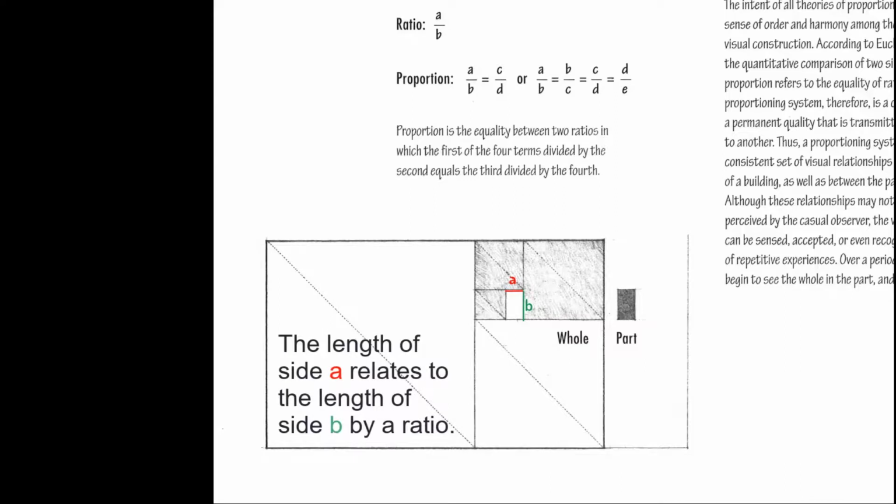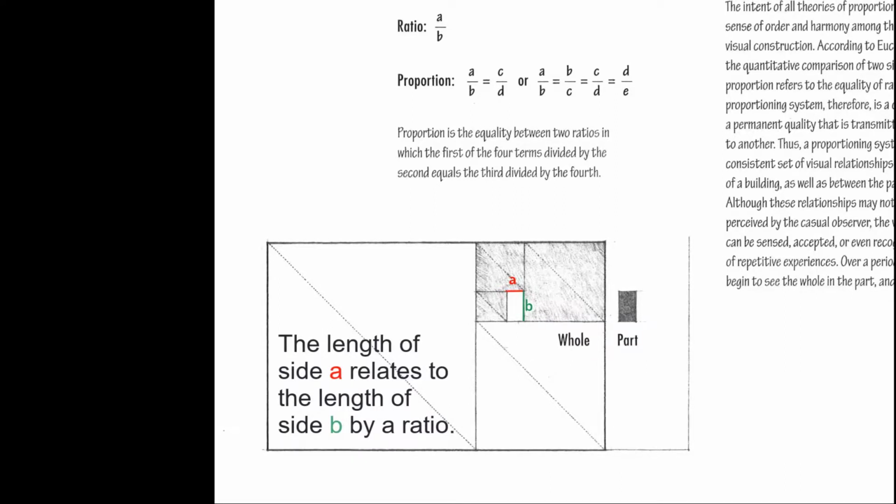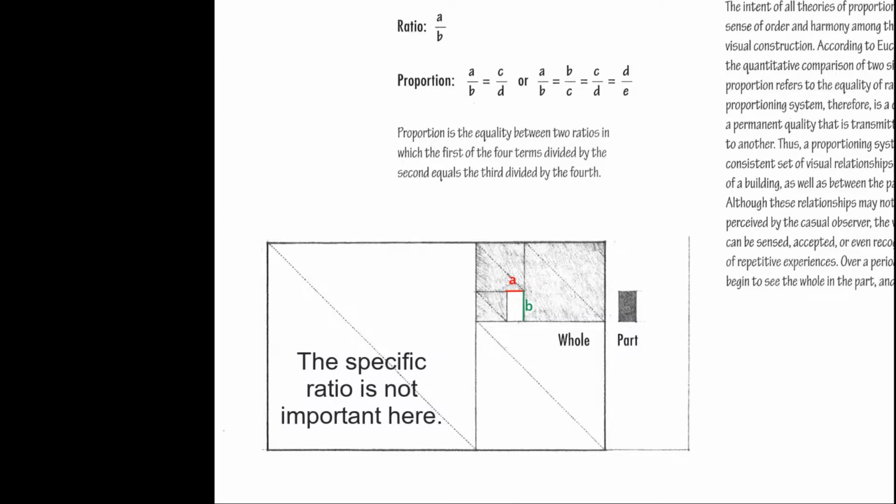The length of side A relates to the length of side B by a ratio. The specific ratio is not important here.